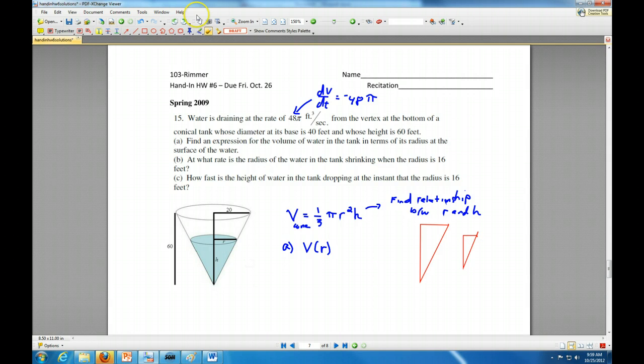Let's try to do a better job. Okay, so here we go. They are similar triangles. They have the same angles, and so we have 20 is to 60 as r is to h.